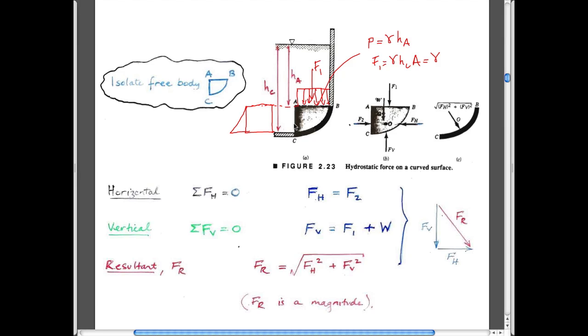Because it's just a rectangular area. This area here on the top of the plate is just a rectangular area. So the centroid has to be at the depth H sub A. And the area has to be the length AB multiplied by, let's call this W, there has to be a width into the page. So that's it. So we can calculate from that.